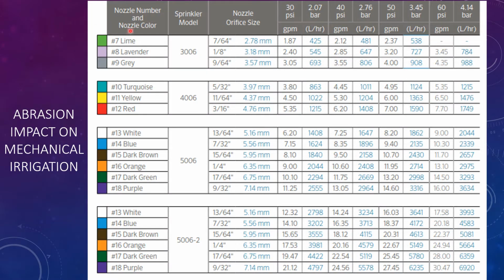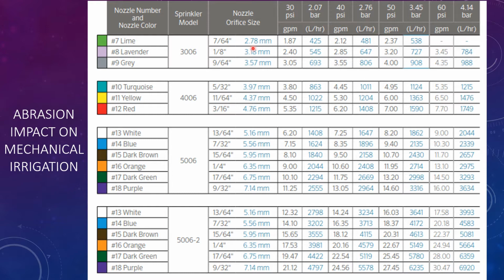Now, these are old school nozzles, the original nozzles that came out probably in the 80s. Effectively, between sizes of nozzles, you've only got 1/64th of an inch. That's a very small size, maybe 100, 200 microns difference. In this case, it's about 400 microns.